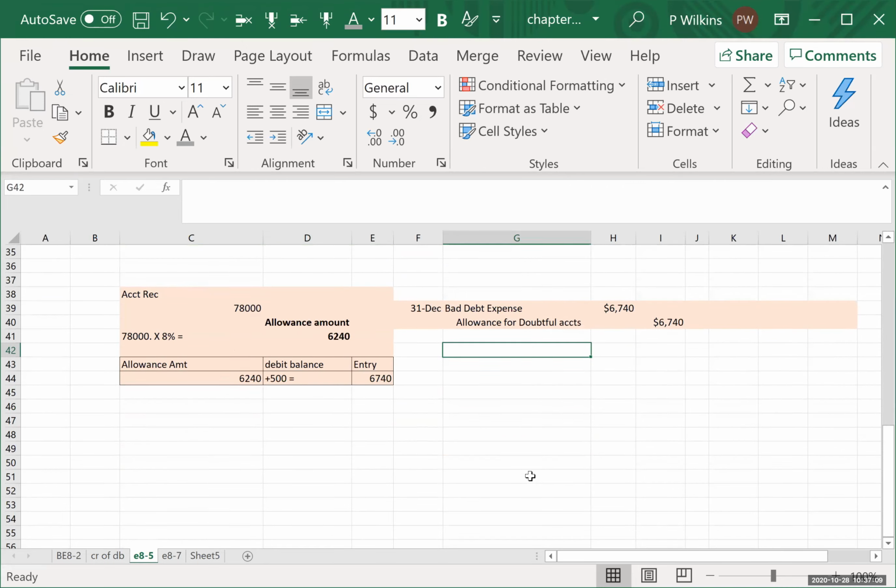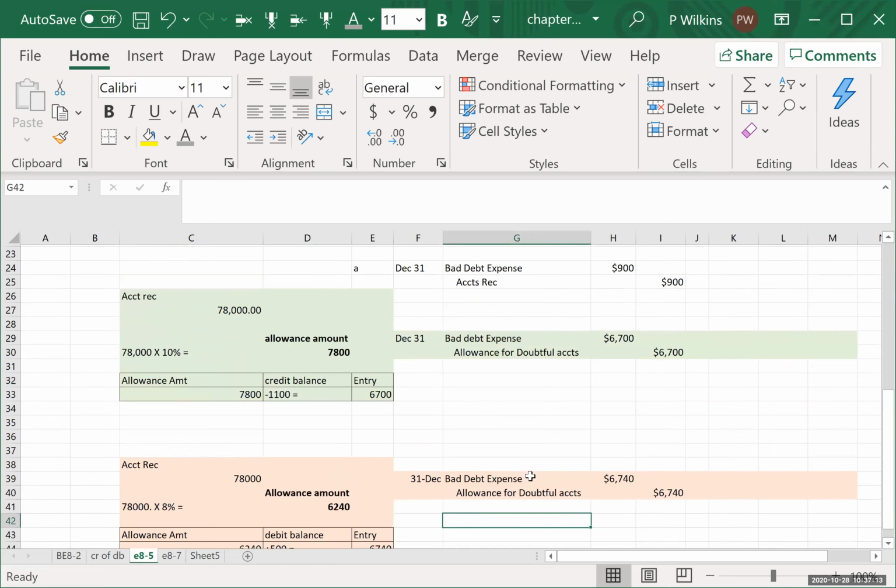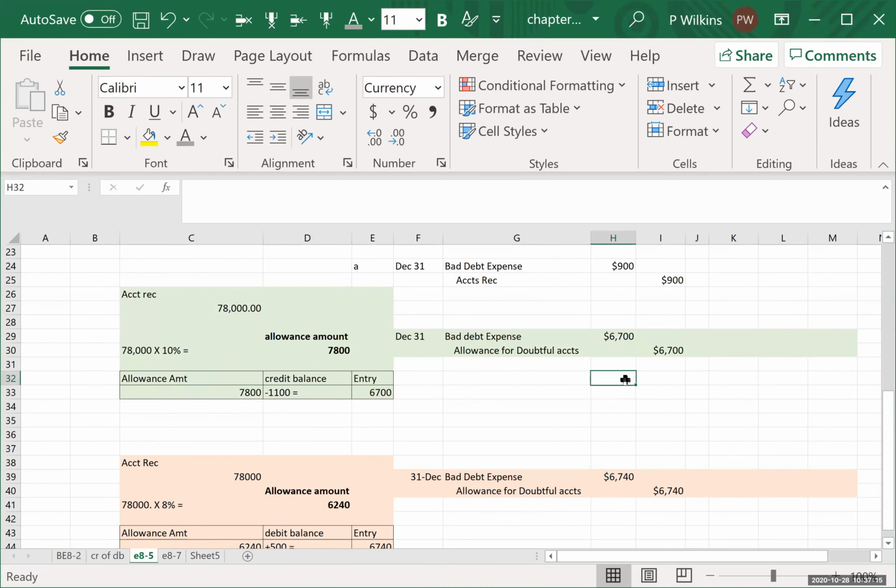Oh, I thought I had the T accounts on here, but I don't. I'll show you the T accounts like this. We're going to go debit, we're going to go credit.